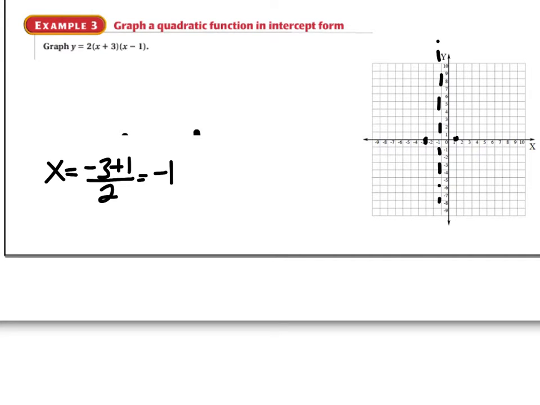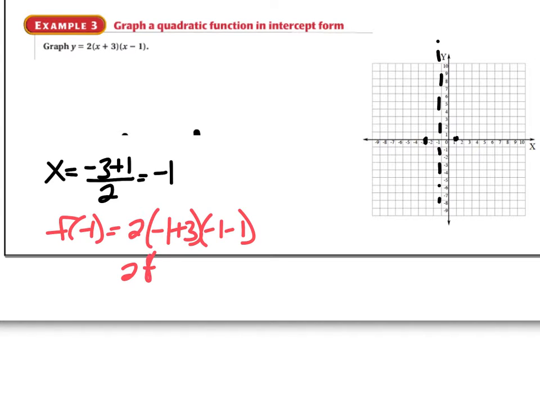Now your job is to locate the vertex, which you should know by now has to lie on your axis of symmetry. So if my axis of symmetry is at -1, I'm going to use that as my x-coordinate to find out what my y value is when x is -1. So you would put 2 times -1 plus 3, I'm just substituting it into the original equation, which ends up giving you times 2 times -2, and so you end up getting -8.